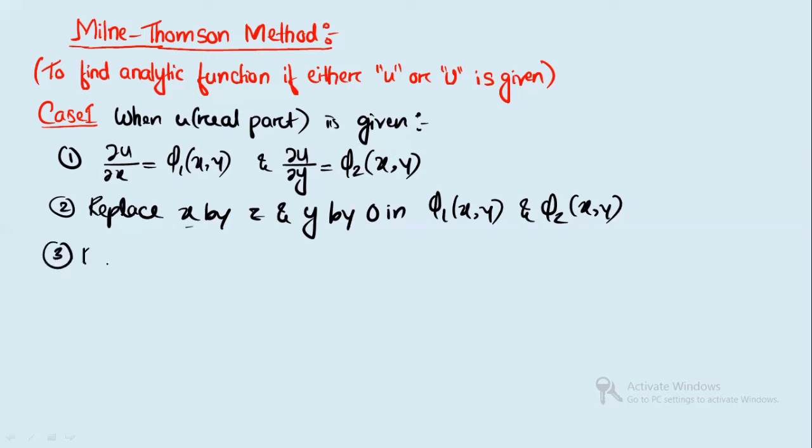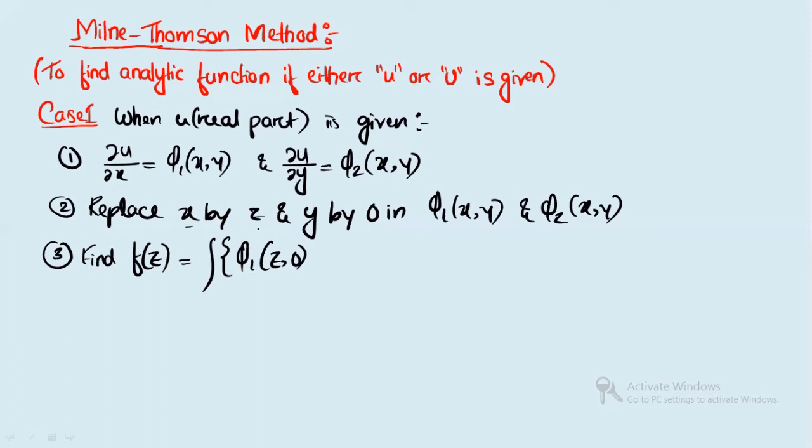You will have to find the function f of z. And how will you find it? You will write f of z is equal to the integration of phi 1 of z comma 0, because after replacing, you will get this particular function. So you will have to integrate phi 1 of z comma 0 minus i phi 2 of z comma 0, dz plus c.